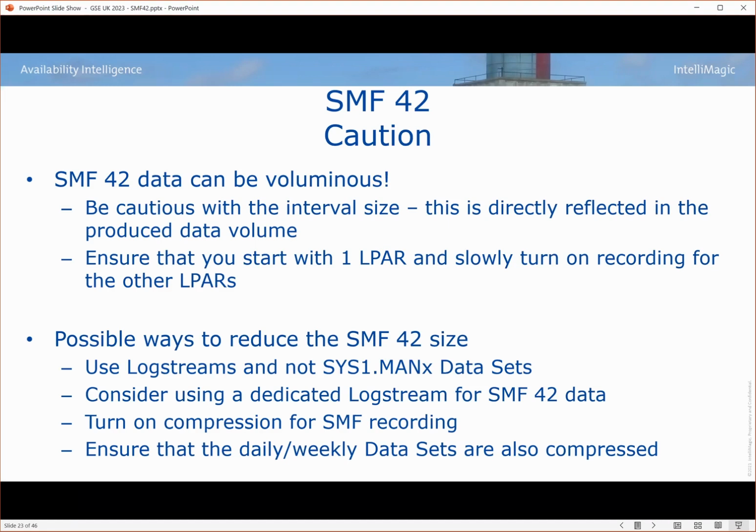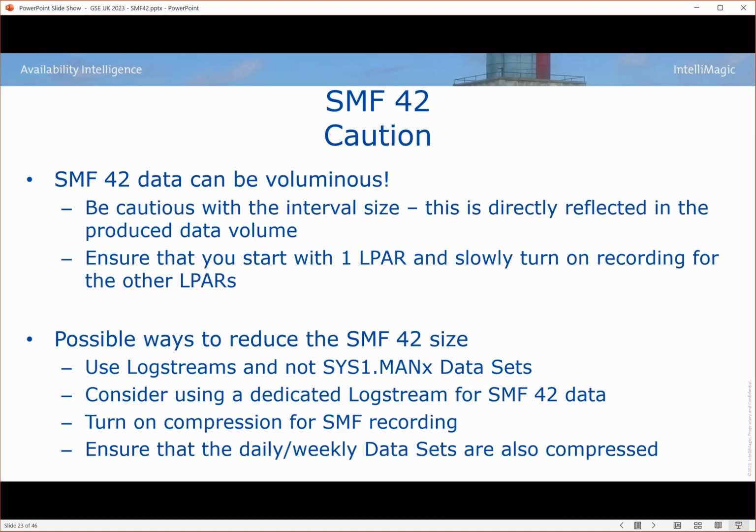Some possible ways to reduce how much data you're producing, or mainly the impact of the data volume. I hope we're all using log streams and not the SYS1.MAN data sets. That's a good way of reducing the pain, maybe, of having a lot of these records, potentially a dedicated log stream.